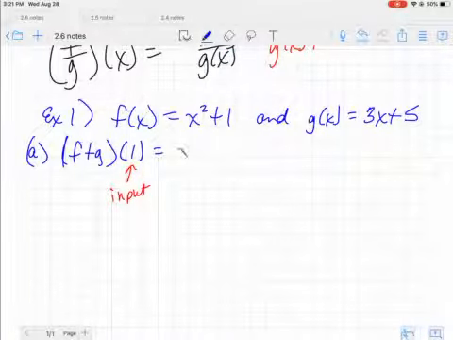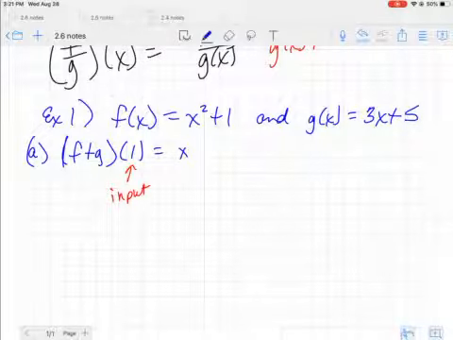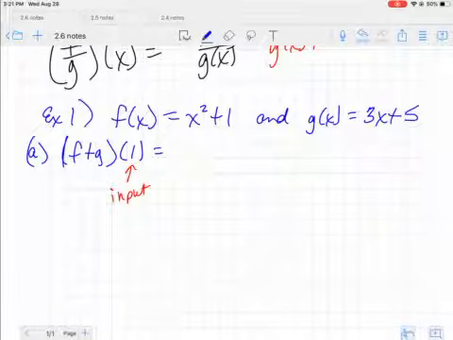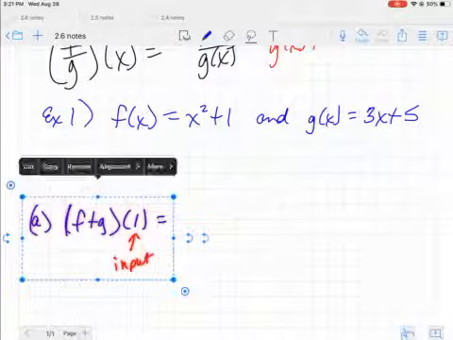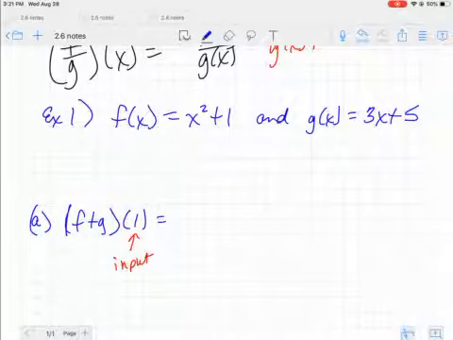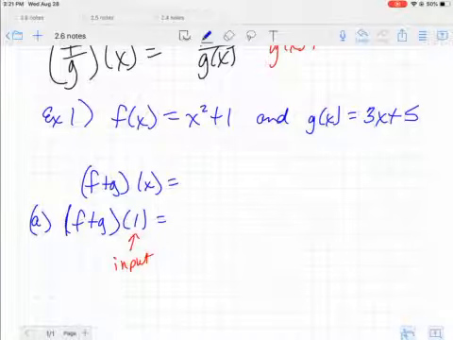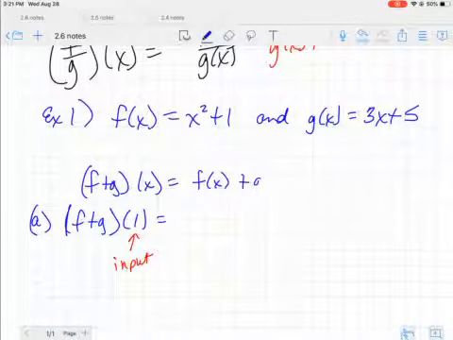So I have this x squared plus 1. I'm going to scoot this down, and we're going to talk about it like this. If I have (f plus g)(x), this would be f of x plus g of x, right?